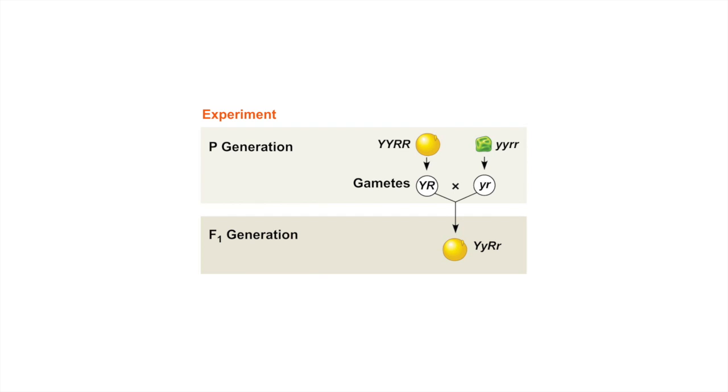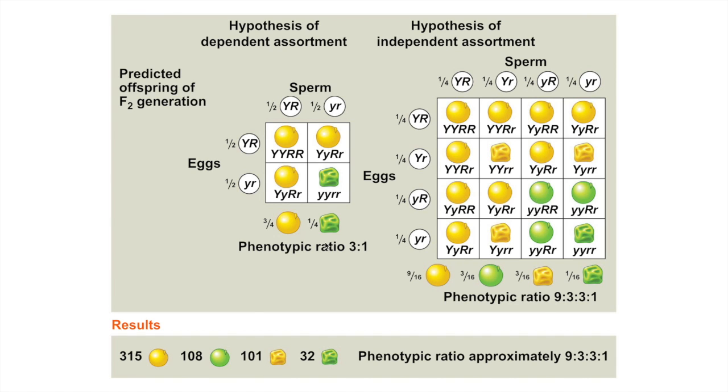So this just shows again what we now understand to be the genetic background behind this. When we look at the Y gene and the R gene, are they being allocated to progeny separately or together? One hypothesis suggests that they happened together. A separate hypothesis was that they would be independent of each other.